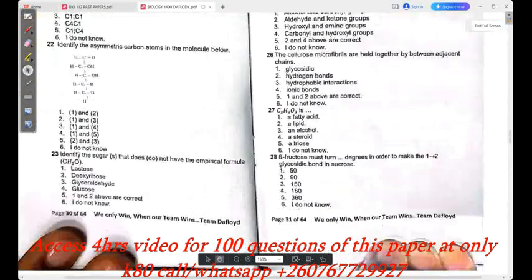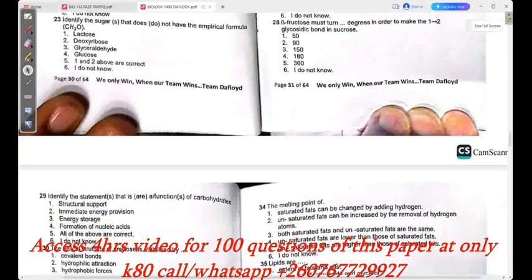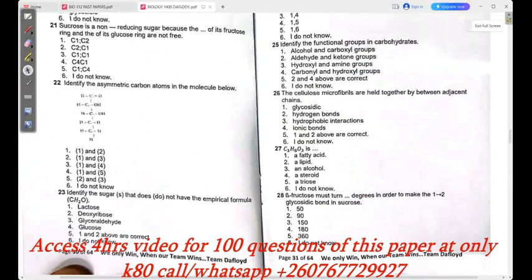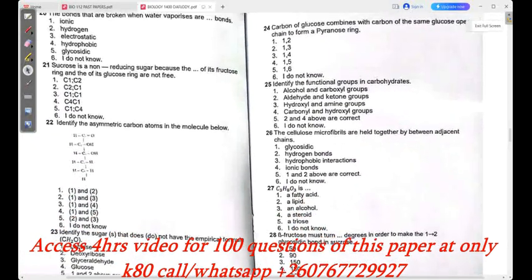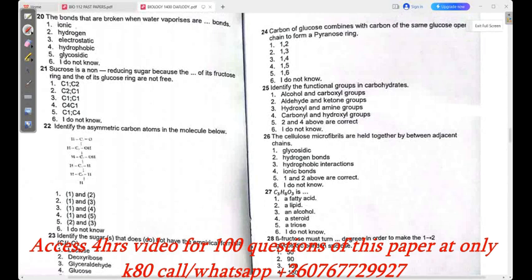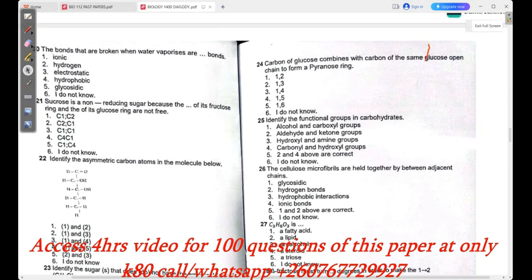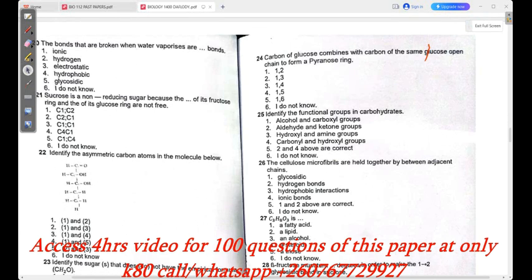Then, where is 25? This was 23. Then 24: carbon of glucose combines with carbon of the same glucose open chain to form a pyranose ring.